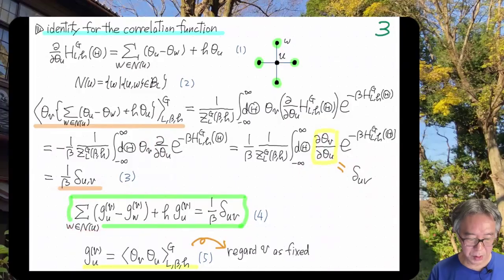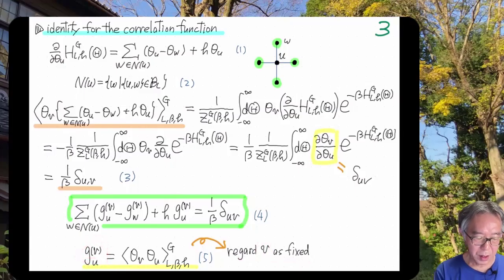Here, this is a bit strange notation, but this is just a 2-point correlation function. So the roles played by v and u are symmetric. But I here sort of regard v as fixed and denote this 2-point correlation function in this way. It's a bit strange, but let me write it in this way.